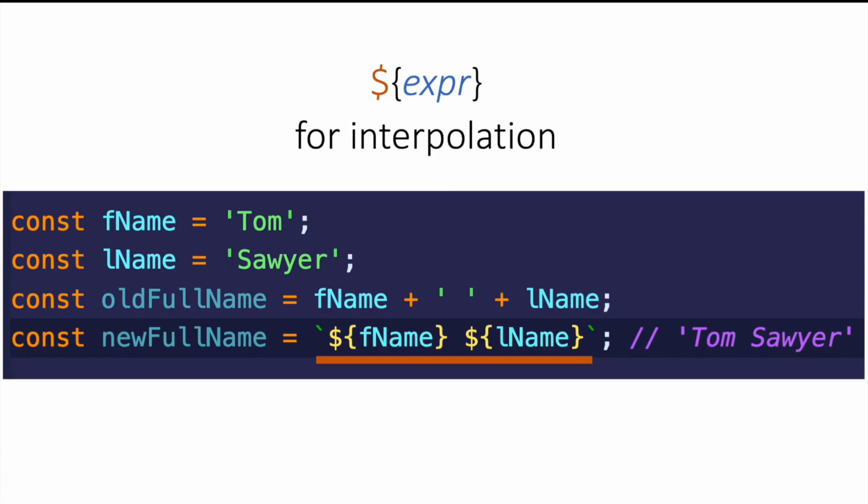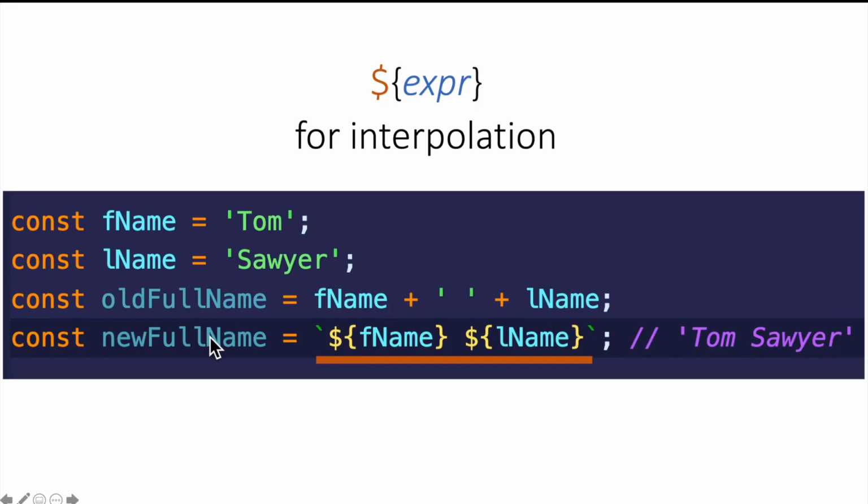Let's take a look at an example. Here we have fname equals Tom, lname equals Sawyer. Let's say we want to concatenate the fname with the lname, but we also want to have a space in between them. The old way to do it would be fname plus a space within single quotes and then plus again and then lname.